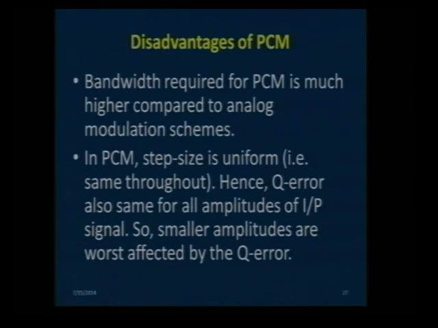Now the disadvantages we have already seen: the spectrum requirement is much higher. Then in this particular scheme, the step size is the same throughout. If the step size remains the same, the result is that smaller amplitudes will have higher quantization errors.